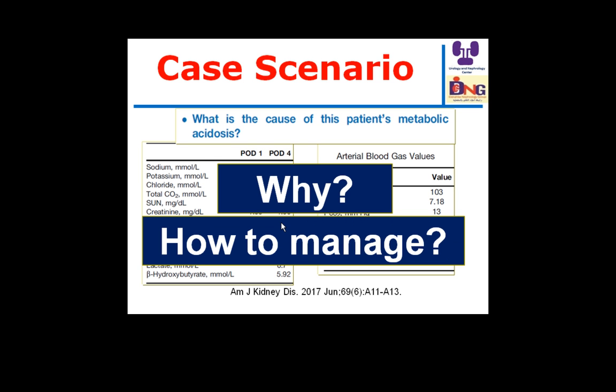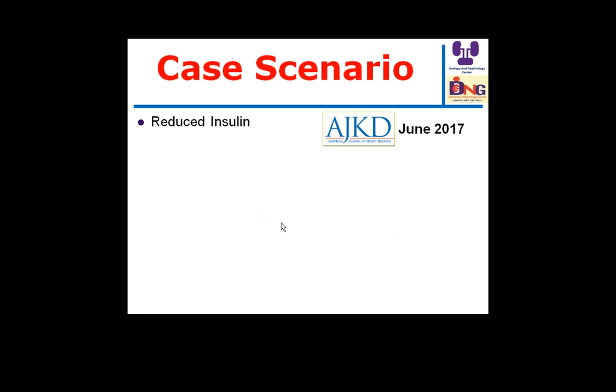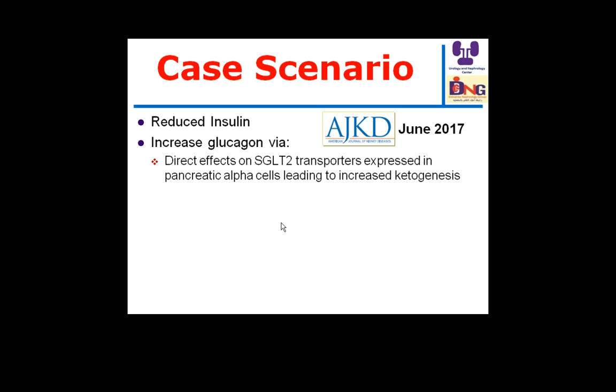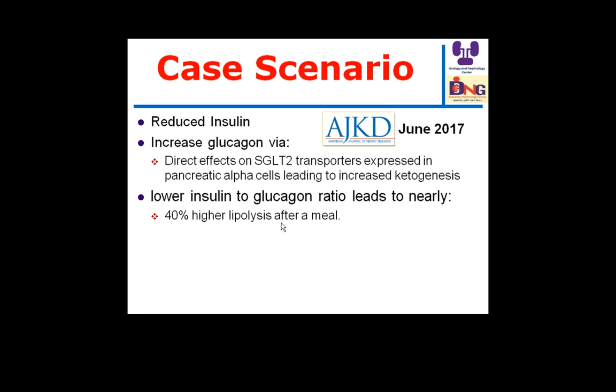Why did the patient in this case have this syndrome? It is the syndrome of euglycemic ketoacidosis induced by the sodium glucose cotransporter 2 inhibitor. Why? Because of reduced insulin and increased glucagon. This is the scenario with the use of sodium glucose cotransporter 2 inhibitors. Glucagon is increased either by a direct effect of sodium glucose cotransporter 2 expressed in pancreatic alpha cells, leading to increased ketogenesis.